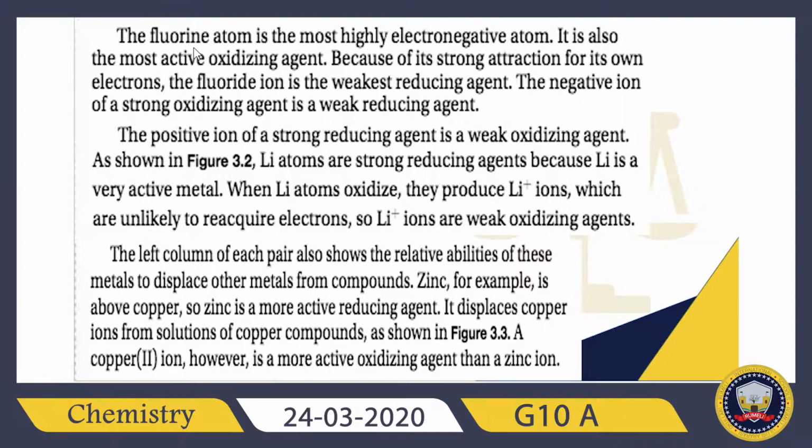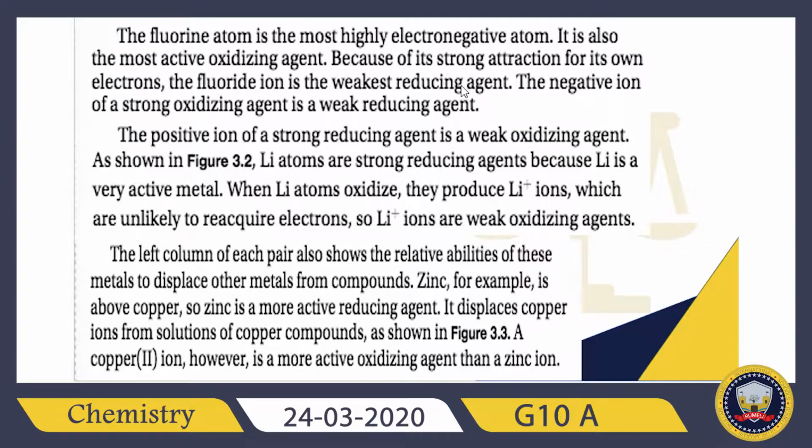Remember, fluorine gains electrons, so it is reduced, and that's why we call it an oxidizing agent. Remember the opposite. Because of its strong attraction for its own electrons, the fluoride ion is the weakest reducing agent. We will see a figure.